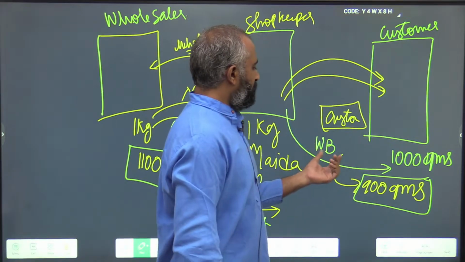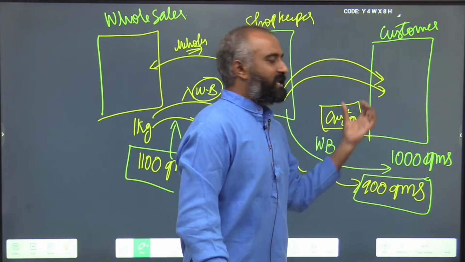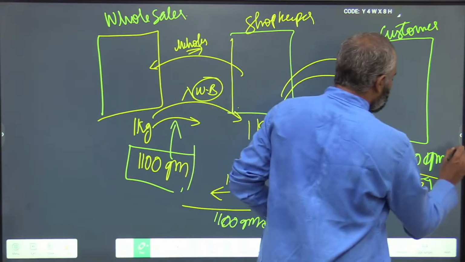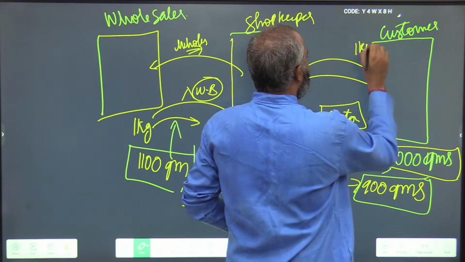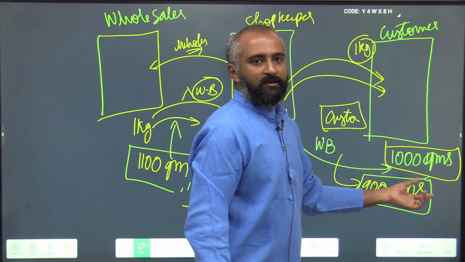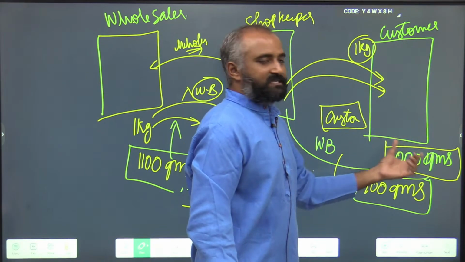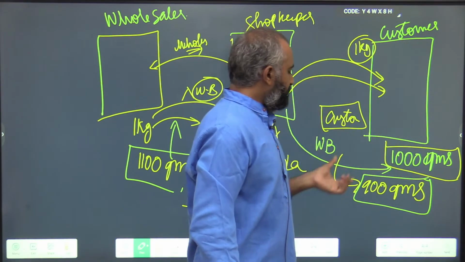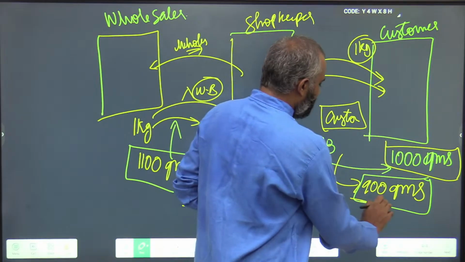That means he is taking money that is worth 1 kg, but he is giving back only 900 grams.